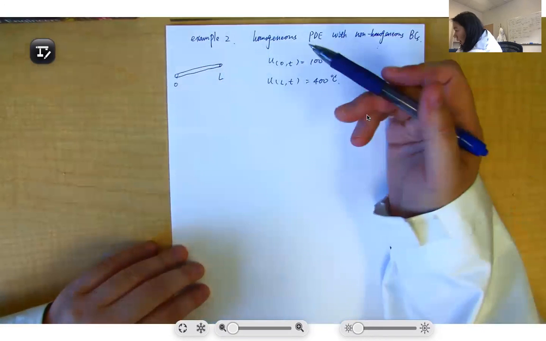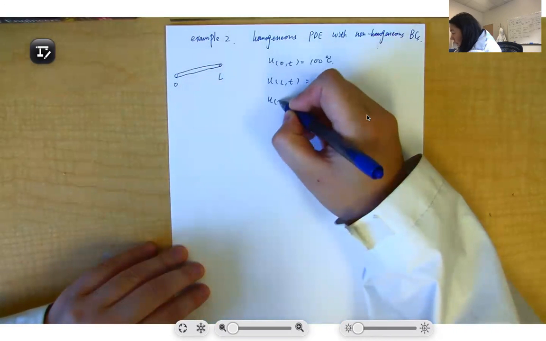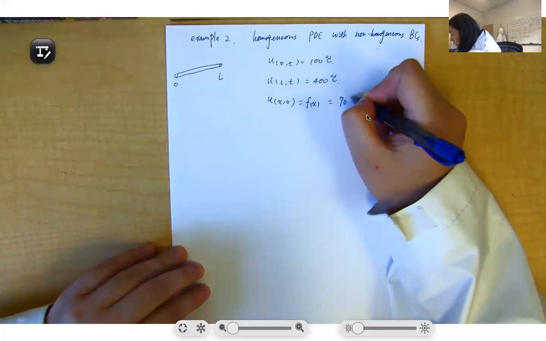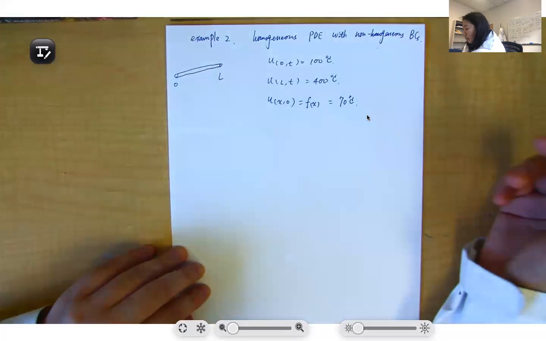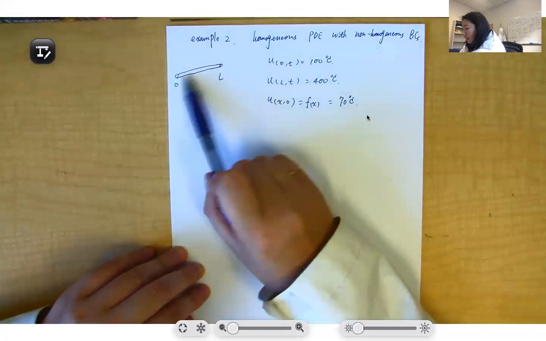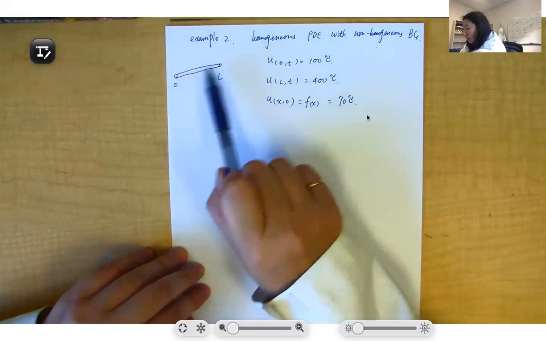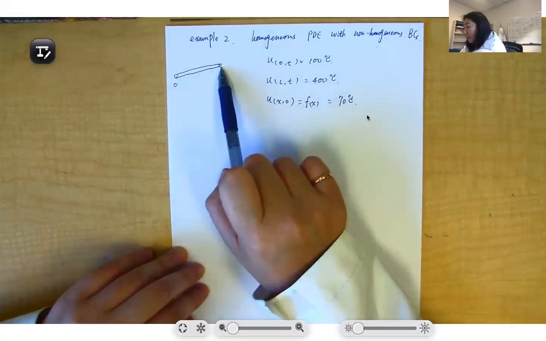So we also have that U(x,0) equals f(x), and that is a constant temperature. So that means initially the rest of the rod is at 700 degrees Celsius. The end of the rod will have fixed temperature at all time.